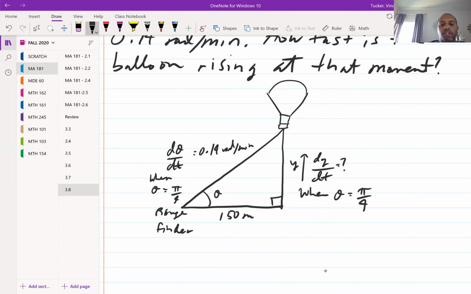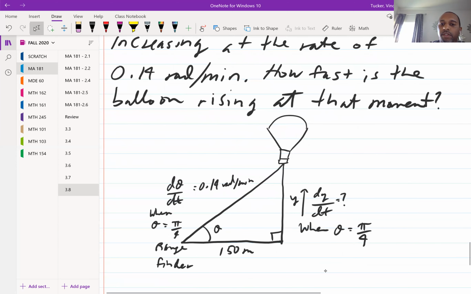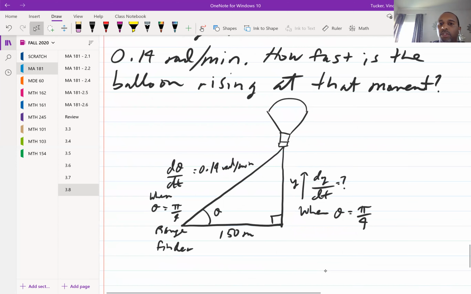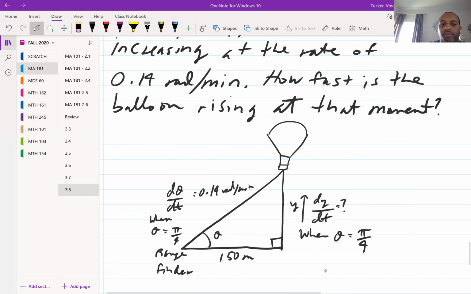So it's 150 meters from the liftoff point, and the angle is increasing at 0.14 radians per minute. So we want to know, that's another rate, how fast is the balloon rising at that moment.